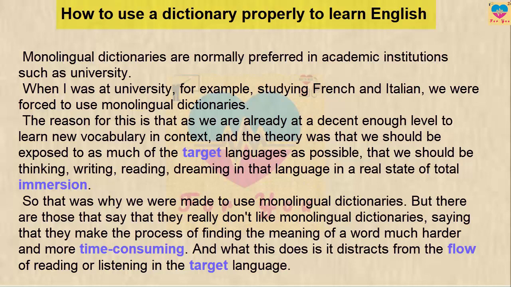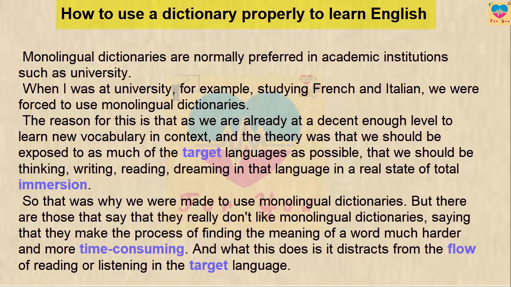The reason for this is that as we were already at a decent enough level to learn new vocabulary in context, and the theory was that we should be exposed to as much of the target languages as possible, that we should be thinking, writing, reading, dreaming in that language, in a real state of total immersion. So that was why we were made to use monolingual dictionaries.